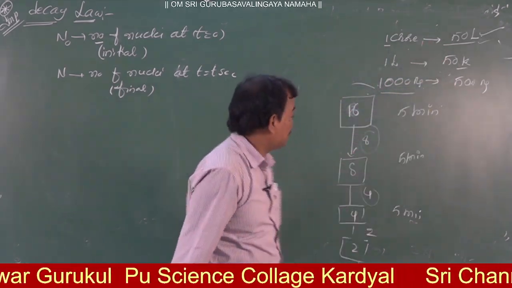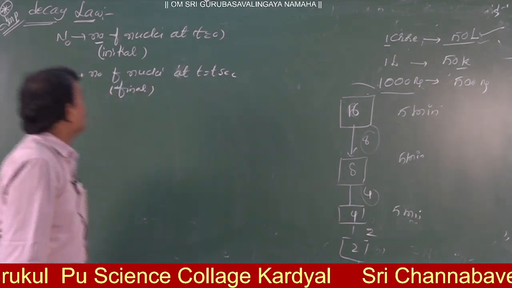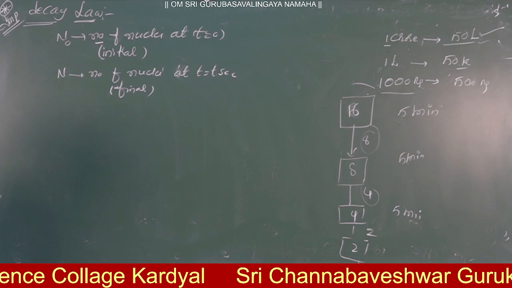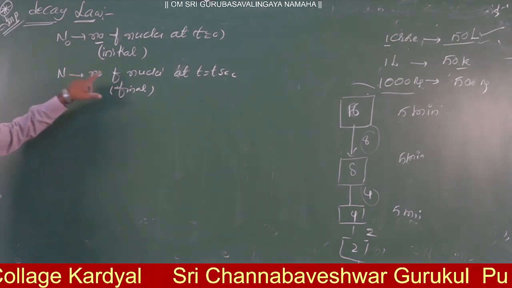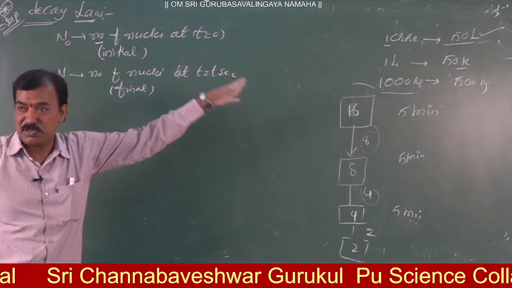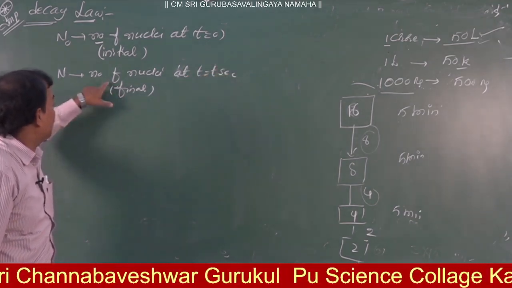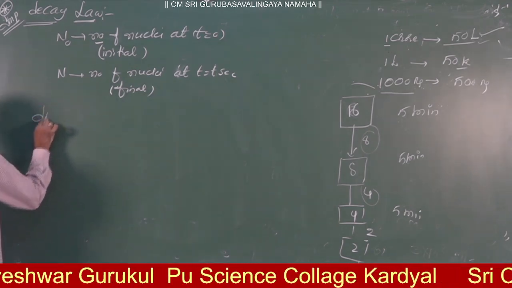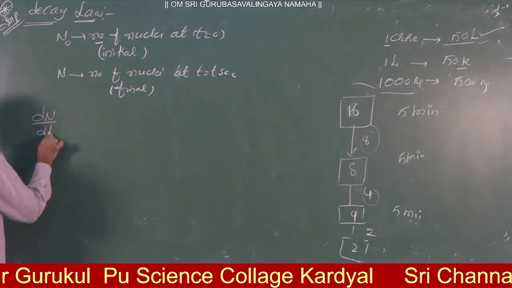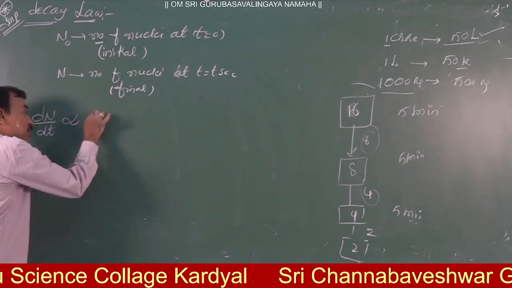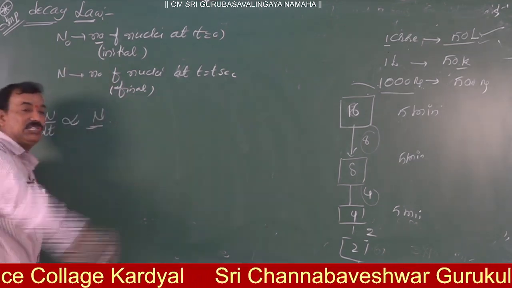Again, next one. Same this also, one more example here. So the number of nuclei at T is equal to 0 is the initial. Again, next one, the number of nuclei at T seconds. After some time, the number of nuclei is equal to N. Okay, so the rate of disintegration dN by dt is directly proportional to the number of nuclei present at that instant.